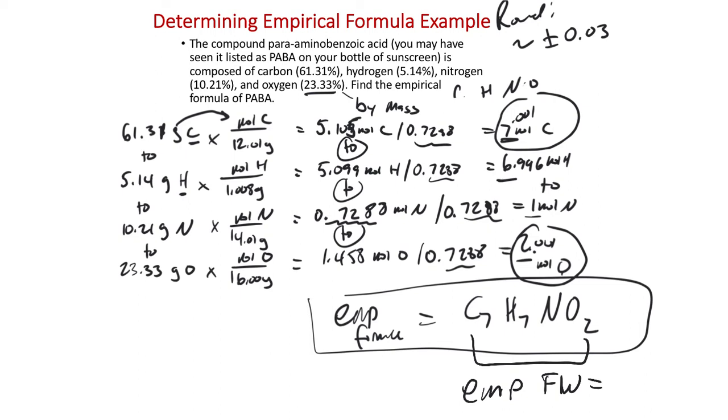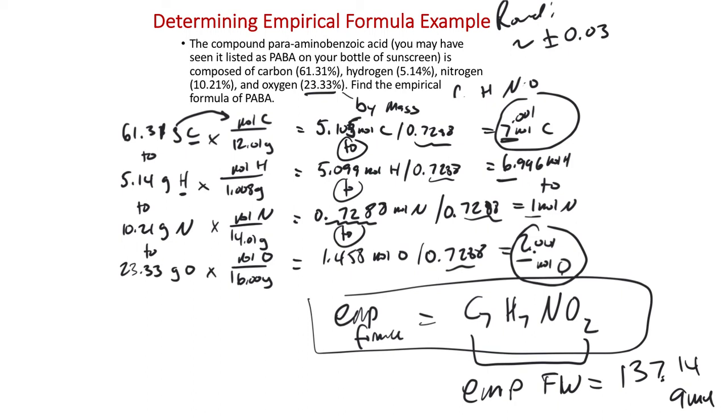So 7 times 12.01 plus 7 times 1.008 plus the 1 nitrogen 14.01 plus 16.00 times 2. This is 137.13, call it 137.14 AMU. So that's the mass of this empirical formula.